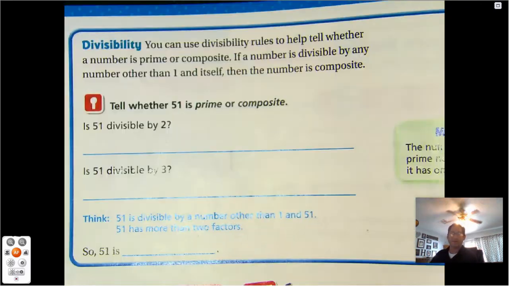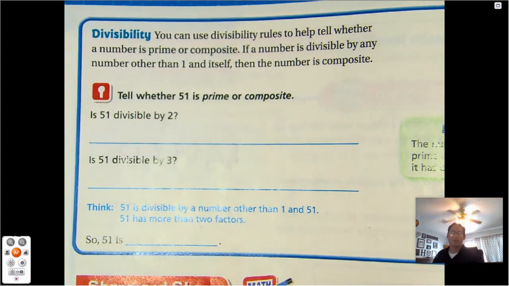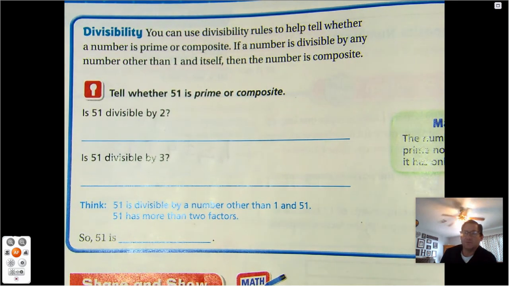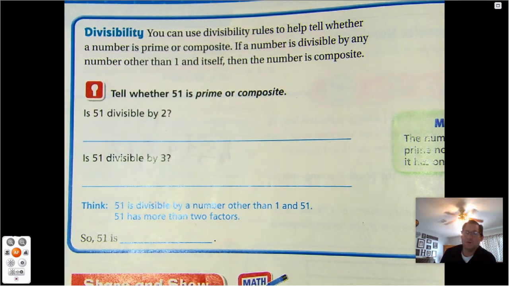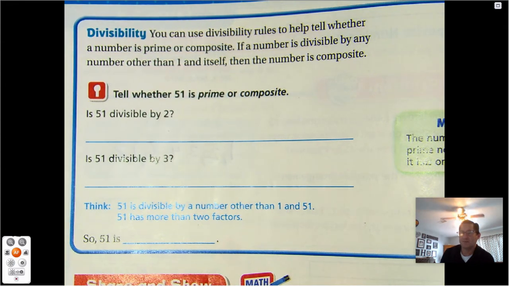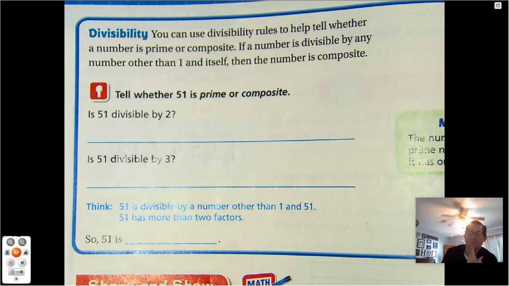Okay, so we're going to use our divisibility rules that we practiced earlier to help us tell whether a number is prime or composite. If a number is divisible by any number other than 1 and itself, the number has to be composite. Okay, so tell whether 51 is prime or composite. Is it divisible by 2?